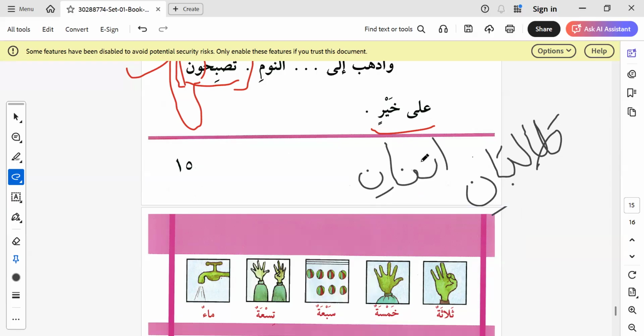All right. So, Sister Motia, this is for masculine, how do we say for feminine? طالبتان اثنتان.